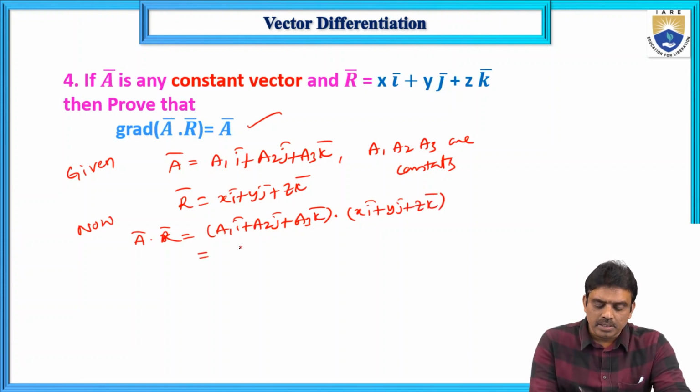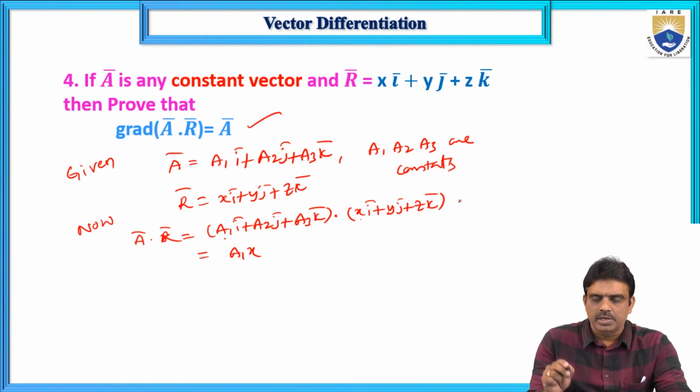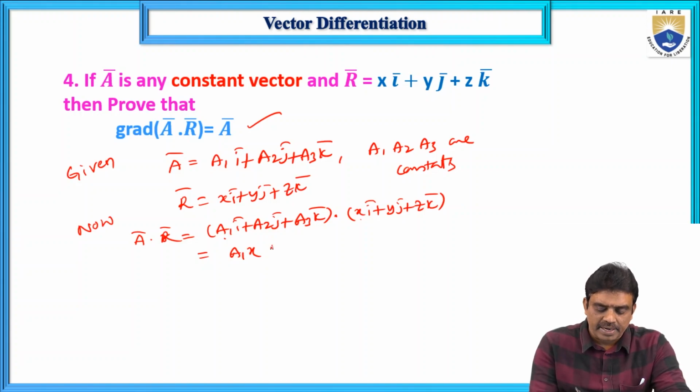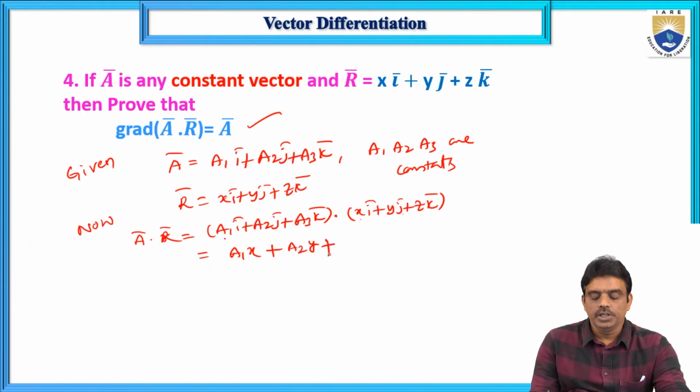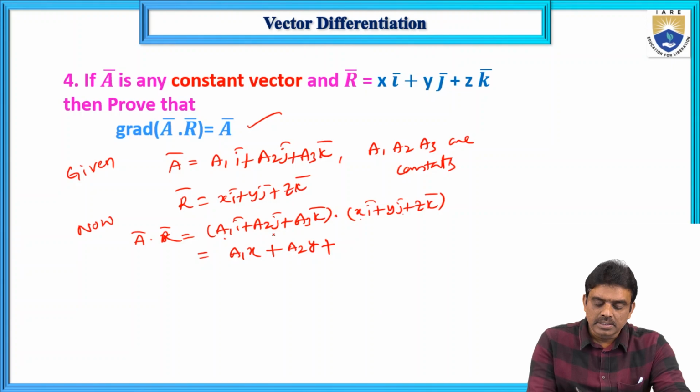Then what is the dot product? a1 x, î dot î is 1, î dot ĵ is 0, î dot k̂ is 0. Only you will get the first term a1x. Plus a2 ĵ dot y ĵ, that means a2y. ĵ dot ĵ is 1, ĵ dot k̂ is 0, ĵ dot î is 0. The remaining all are 0.